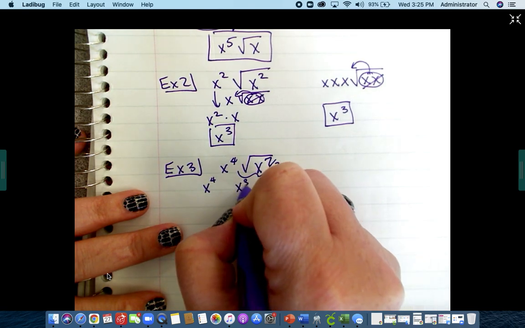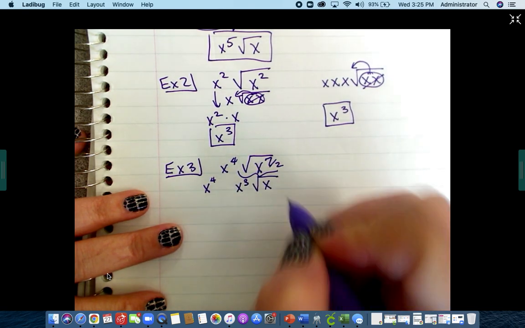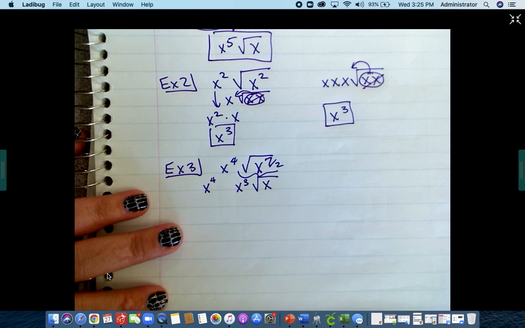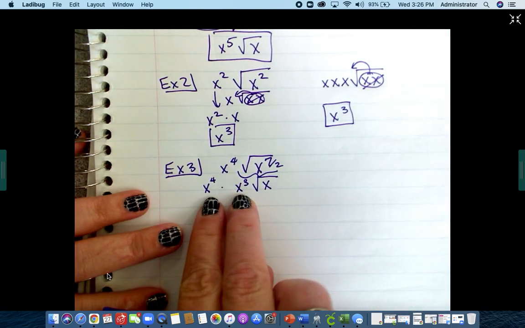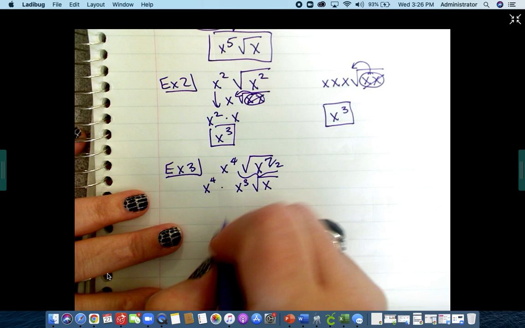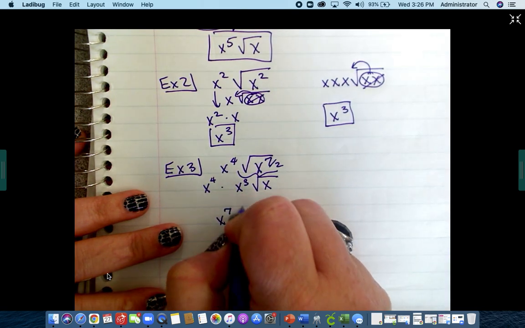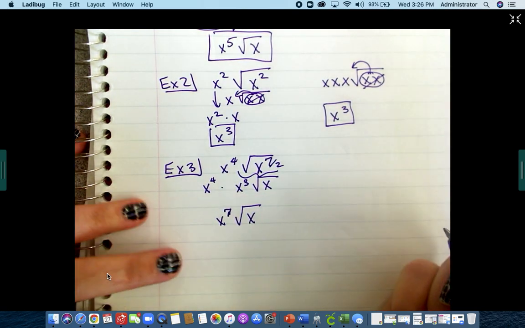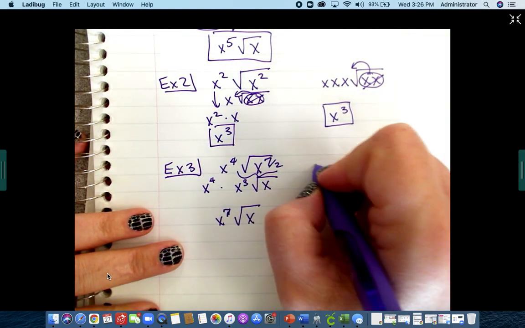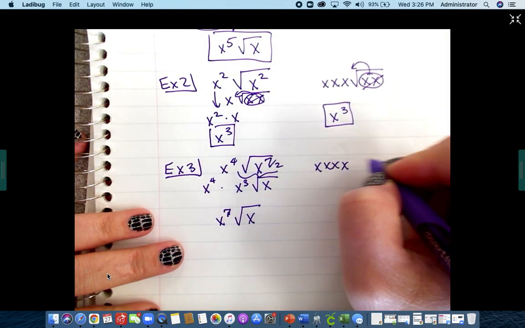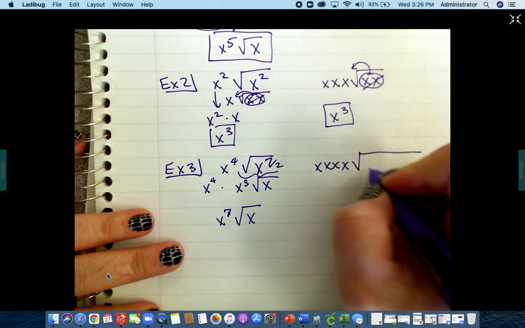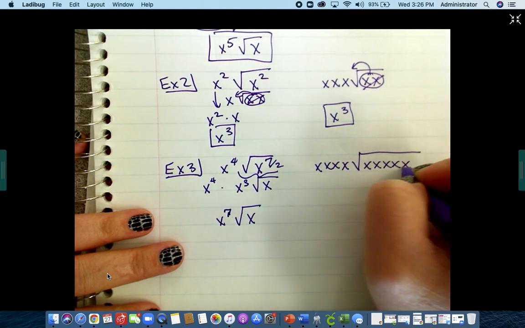I'm going to form 3 pair with 1 left over. So x times x, I add exponents. So that's going to give me x to the 7th times the square root of x. Again, if you prefer looking at it in expanded form, 1, 2, 3, 4, 5, 6, 7.